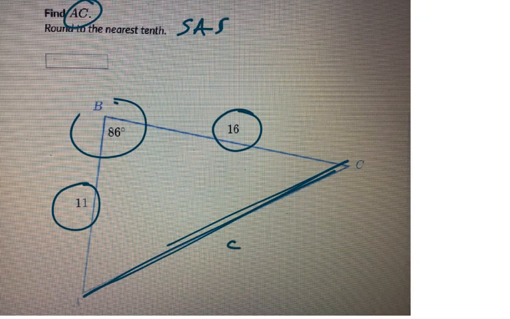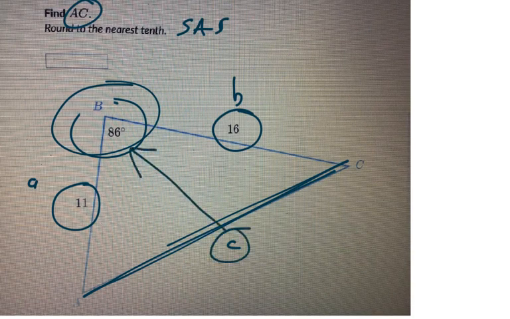And again, I'm just going to call it little c, even though, again, it should be little b. And I'm going to treat these as my A and B's. Remember, A and B is on the sides of the angle given. Little c is always opposite of the angle that we're working with. Okay? So, what do we know again?